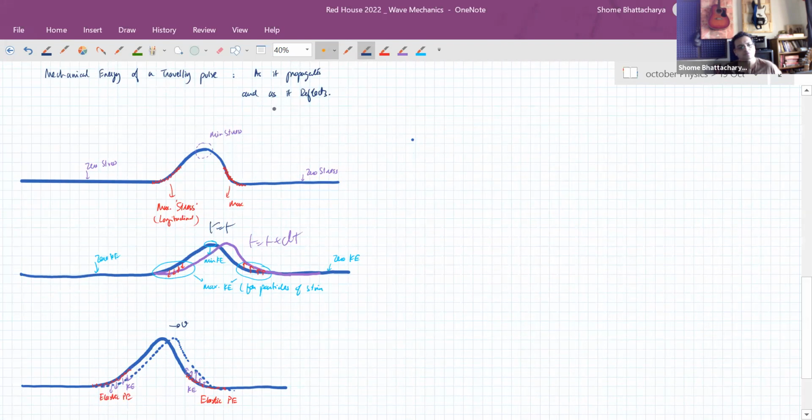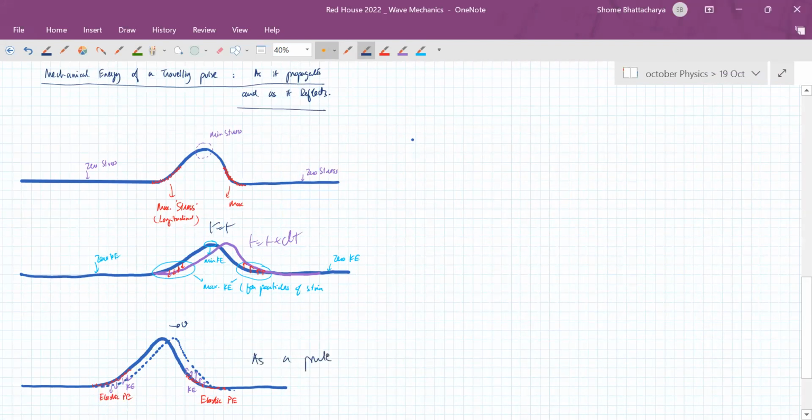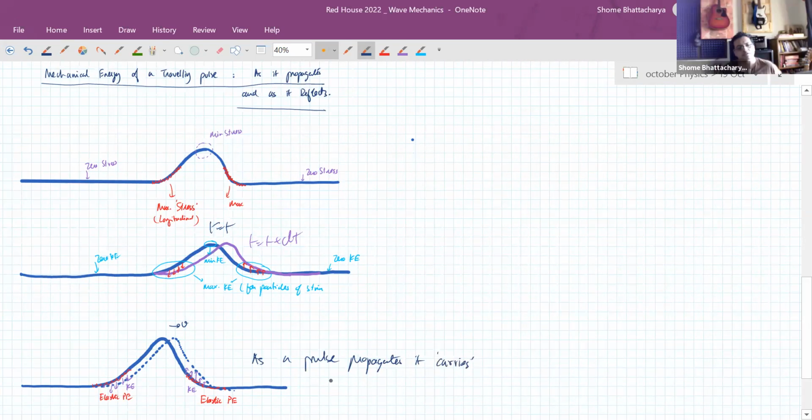So as a pulse propagates, it carries mechanical energy, elastic potential energy plus kinetic energy.